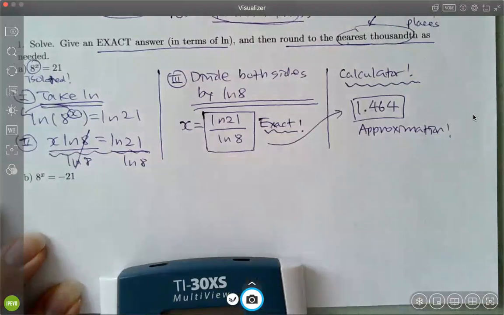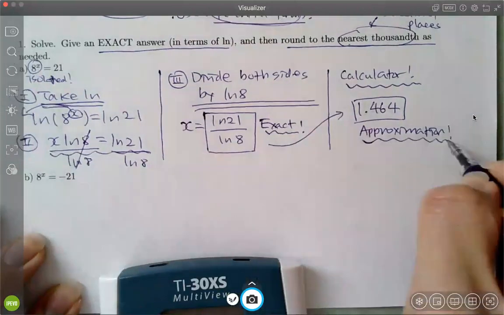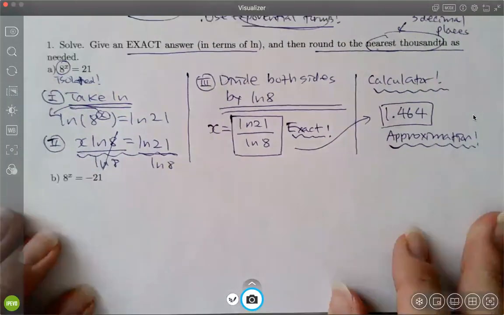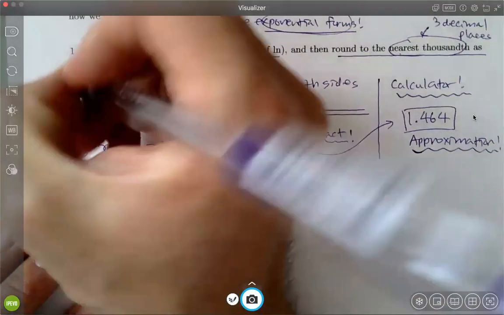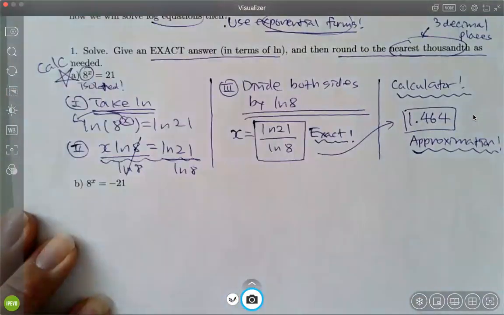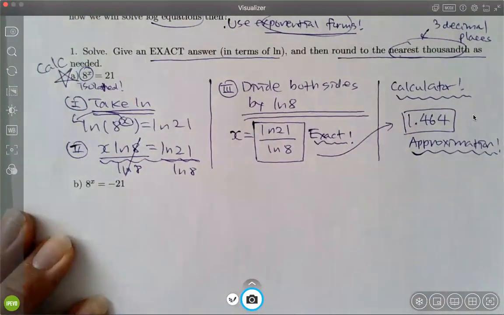So when you do your homework or even the exams, be careful with these possible extra instructions. Your problems could say, write the exact answer, or it could say, round your decimal to 3 decimal places or 4 decimal places or whatever.